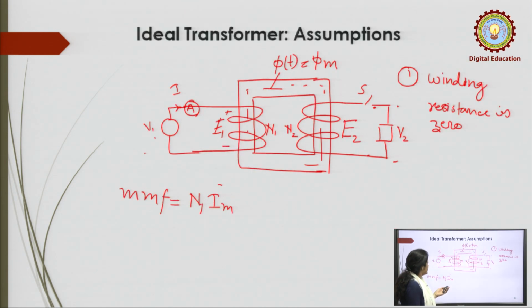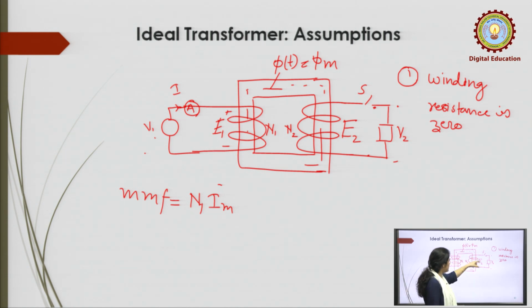So, transformer action takes place: this voltage V1 is applied, a changing magnetic field is set up, E1 is induced, and this flux is linked with the secondary winding. So, according to Faraday's law, E2 is also induced in the secondary winding. Okay.